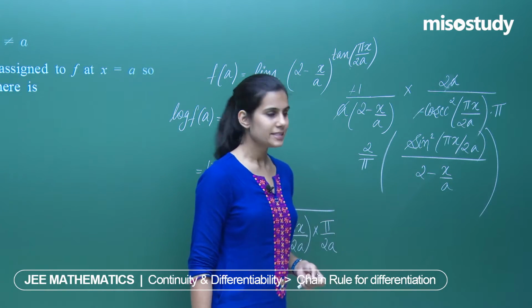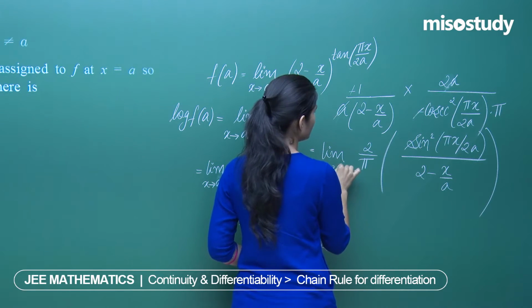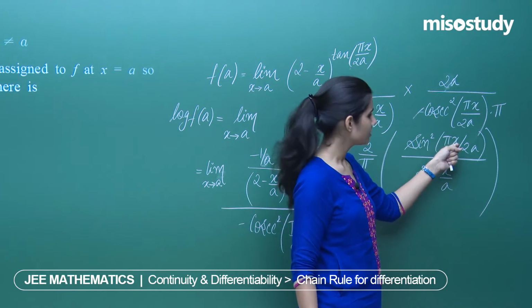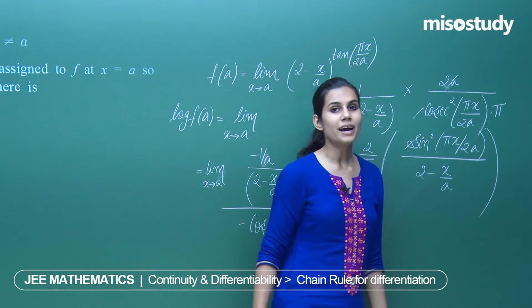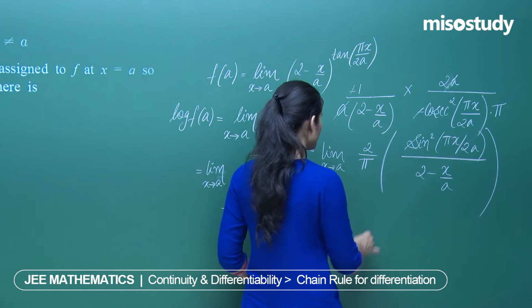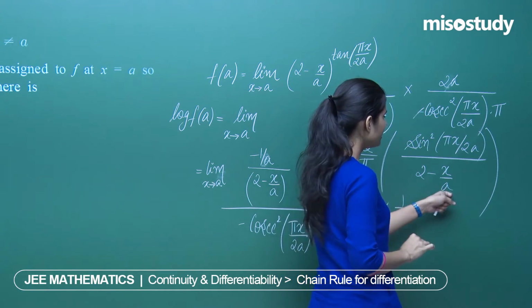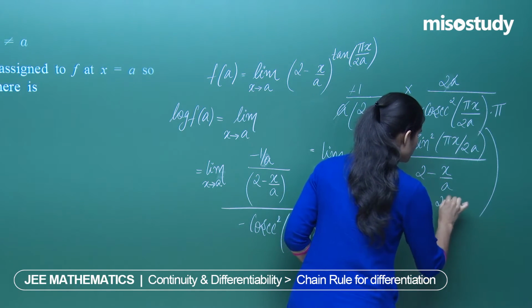When you apply limit x tends to a in here, this becomes what? This is a, so pi a upon 2a, that is pi by 2, which is 1. So you get 2 by pi into 1 upon, again x tends to a, so you get 2 minus 1, again 1. So this is 2 by pi.